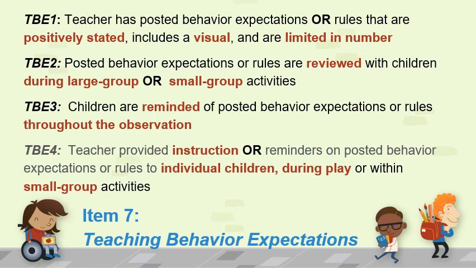TBE4, teacher provides instruction or reminders on posted behavior expectation or rules to individual children during play or within small group activities. Set up opportunities for children to share a toy and explicitly talk about how the children share the toys and relate this sharing to the posted rules or behavior expectations.